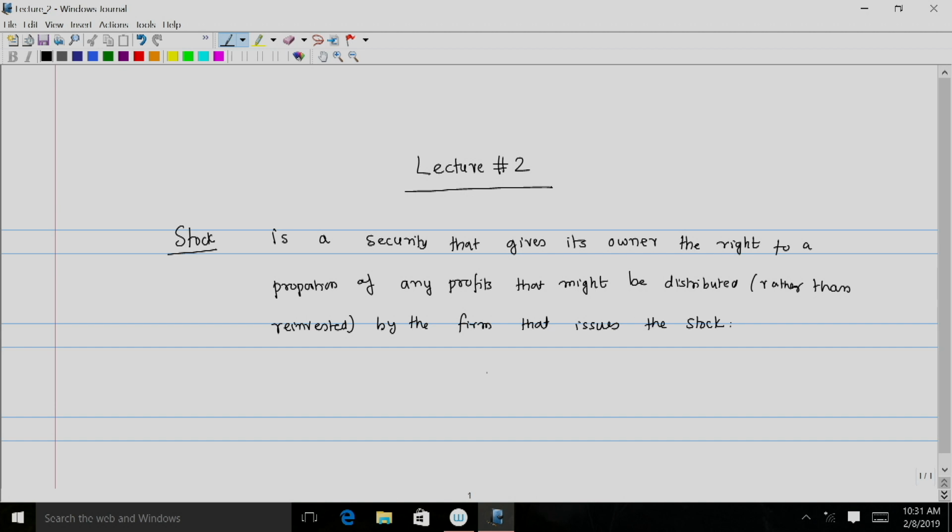So, what does this mean by distribution of profit, and also what does it mean by distribution of the profit rather than reinvestment?